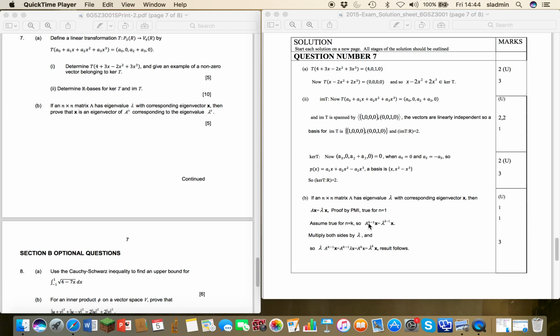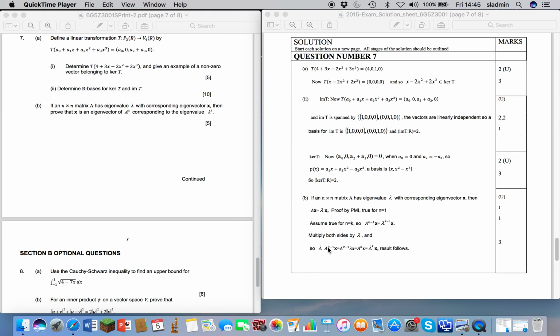So A to the k minus 1 x equals lambda to the k minus 1 x. So we assume that's true. And then we want to prove it's, sorry, this should say assume it's true for n equals k minus 1. Okay, so we do that, and then we multiply both sides by lambda.